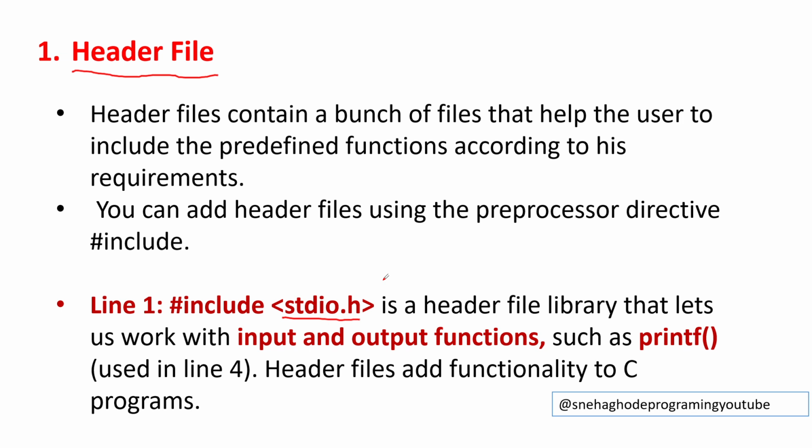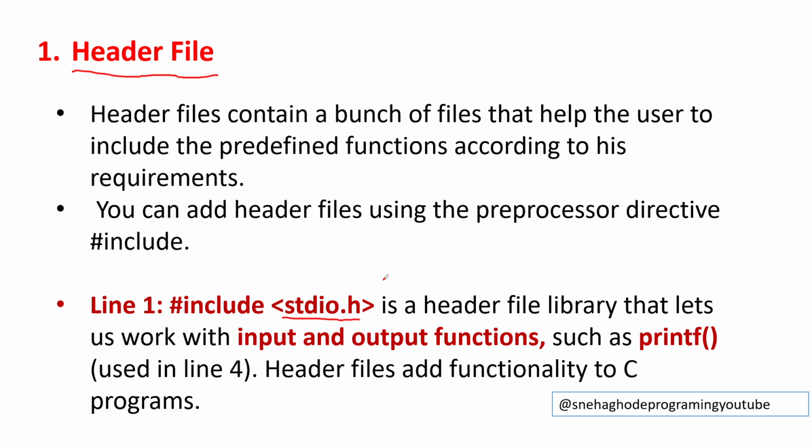Okay, so hash include stdio.h is a header file library that lets us work with input and output functions such as printf, and the header file adds functionality to C programs. As I told, header files add functionality.